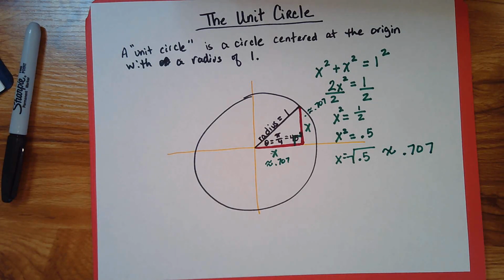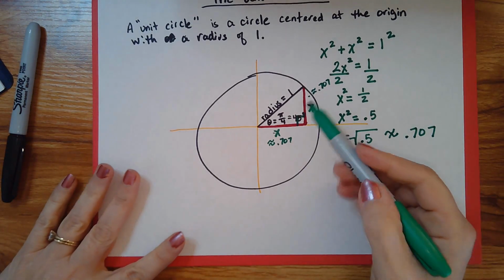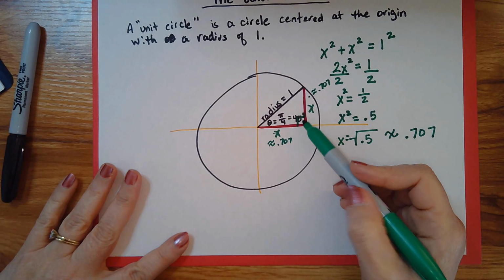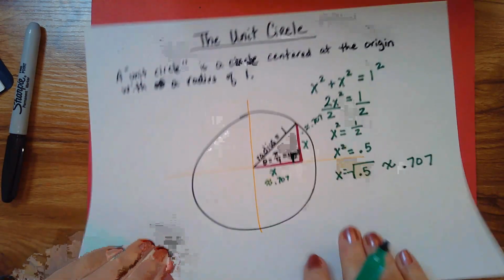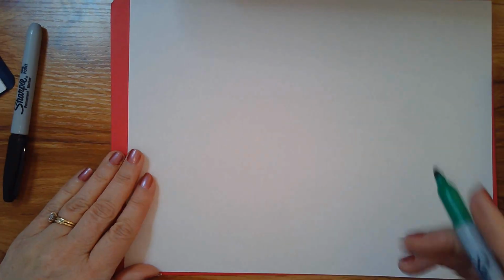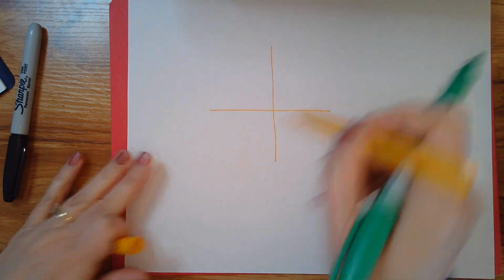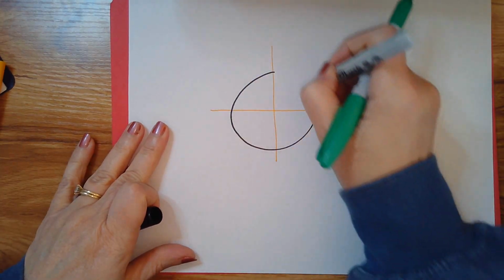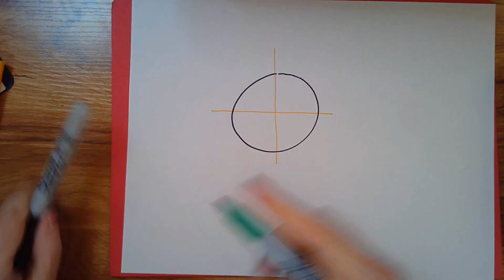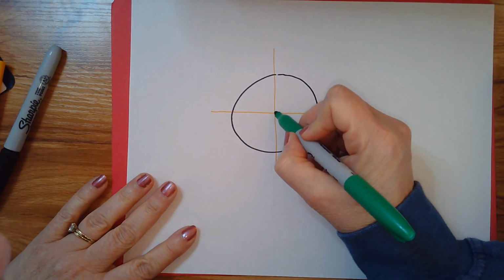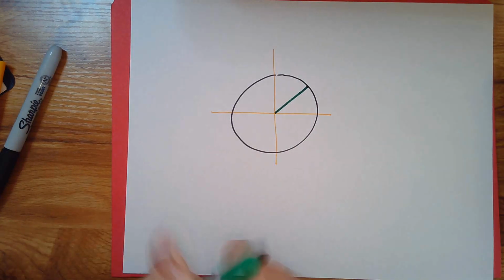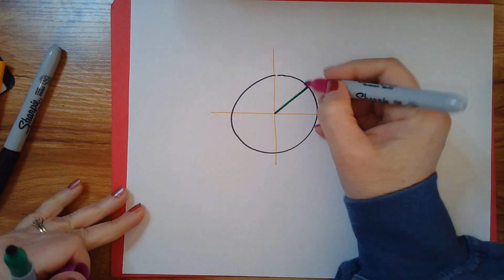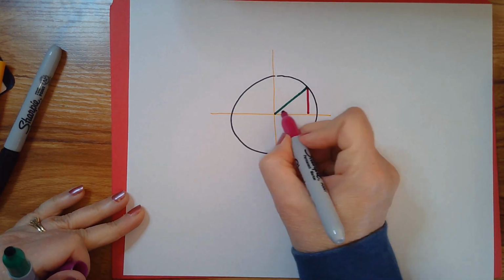I certainly hope so. So now let's look at this drawing again. Hold on, I'll draw it out for you one more time. So here's our circle, and here's our angle, and here are our side lengths.